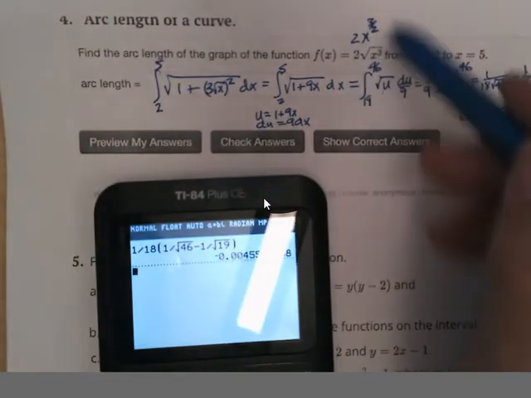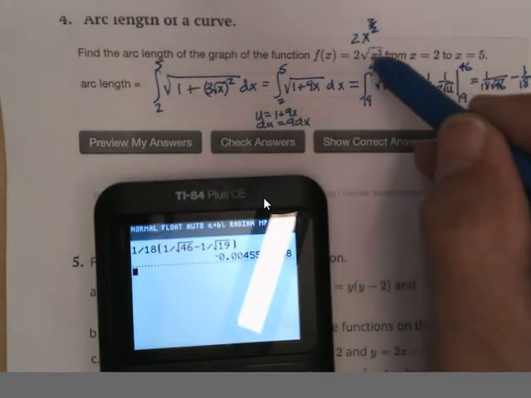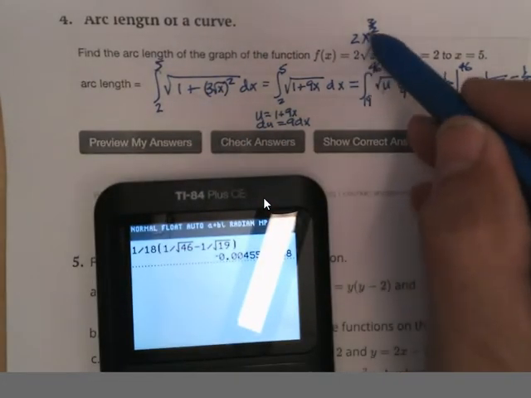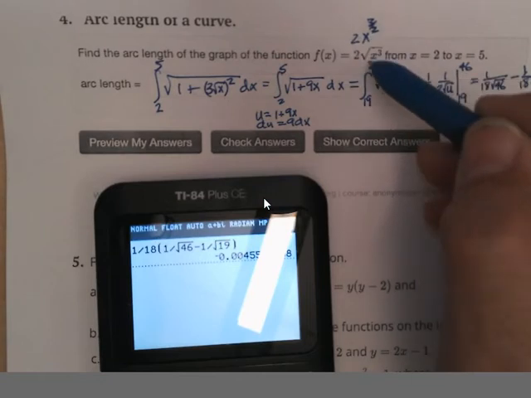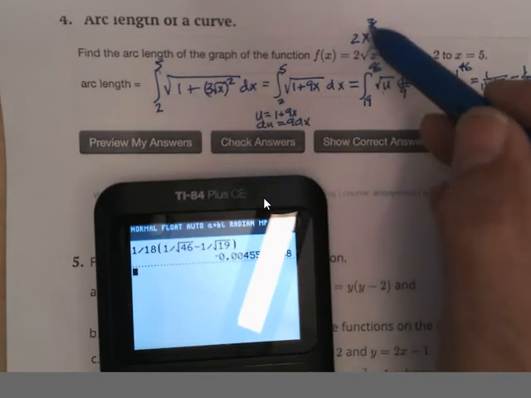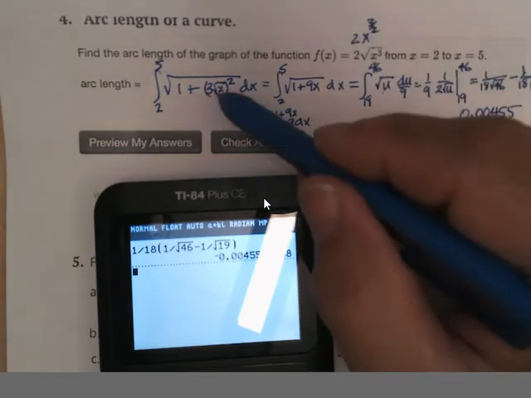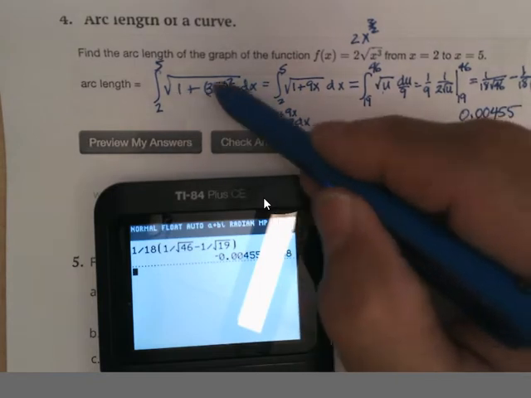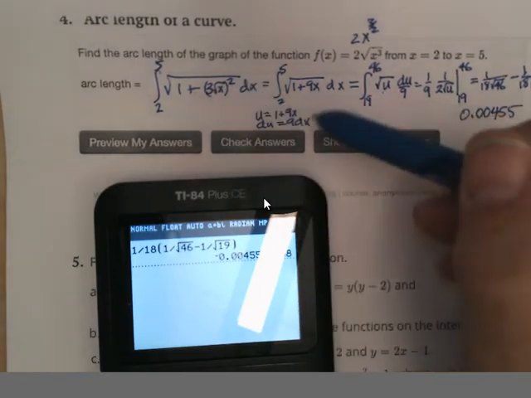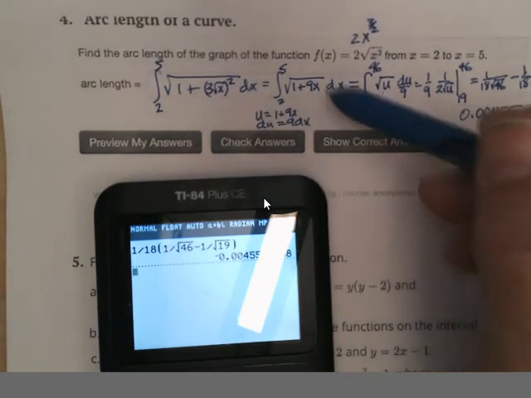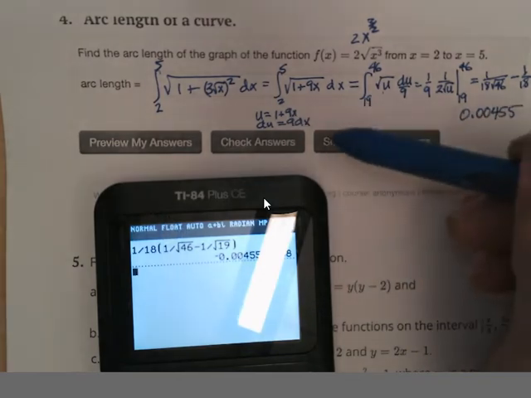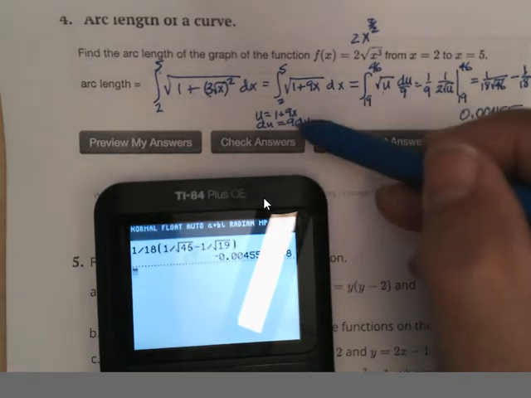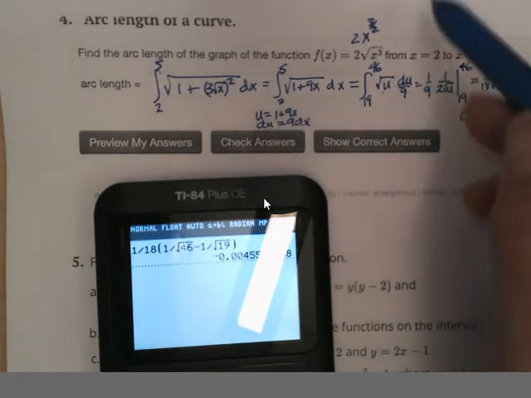The arc length of this, so we've got to take the derivative of that. So this, we take the 3 halves down, so that makes it 3, and x to the 1 half, so that's the square root, and that's the derivative squared, which is 9x. u equals 1 plus 9x, which is 9 dx is du.